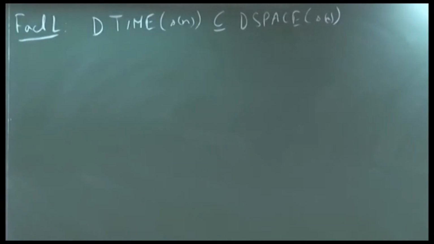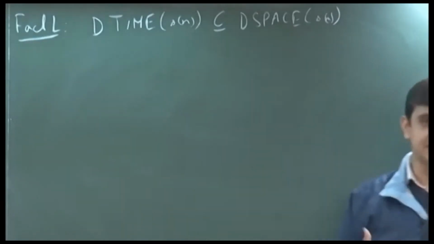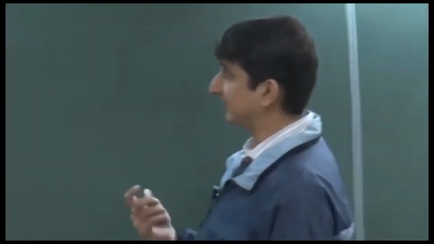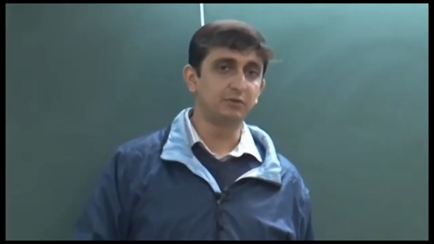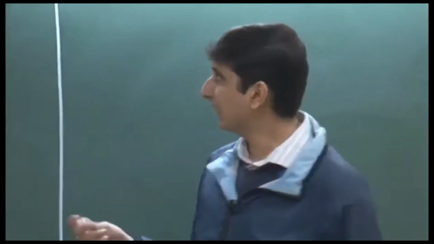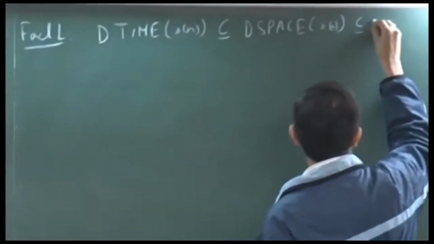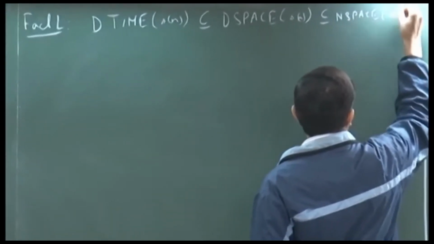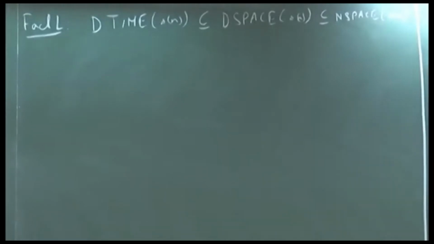Because if a Turing machine is running for S of n number of steps, it cannot use more than that many memory cells, right. That is an obvious upper bound, because in each step at most you can visit one extra cell in your work tape. And of course, D space S of n is contained in n space S of n, because every deterministic machine is also a non-deterministic machine which is not using its non-determinism.